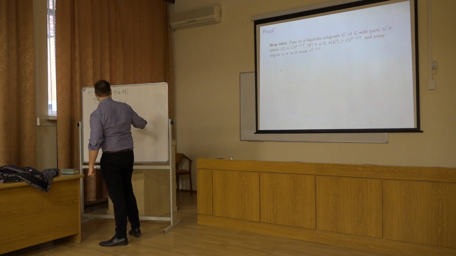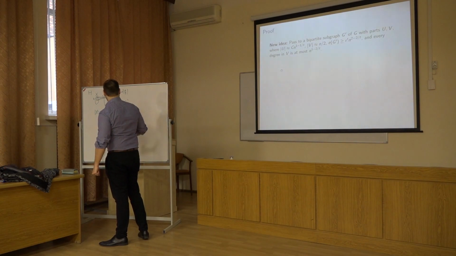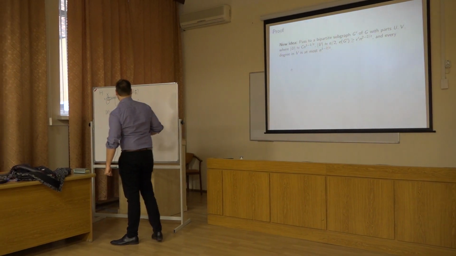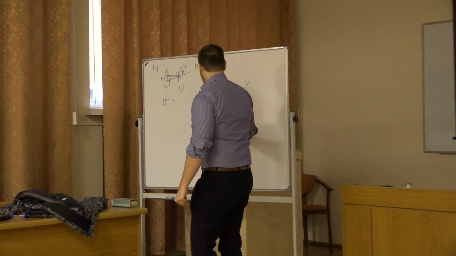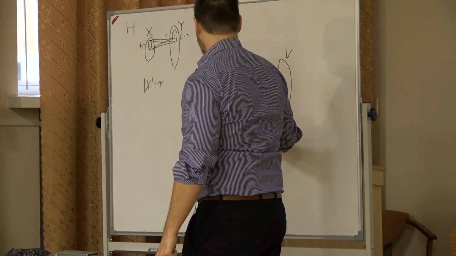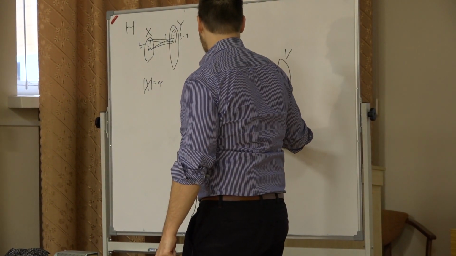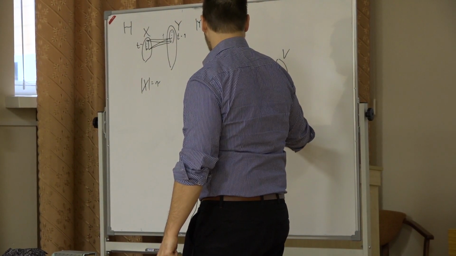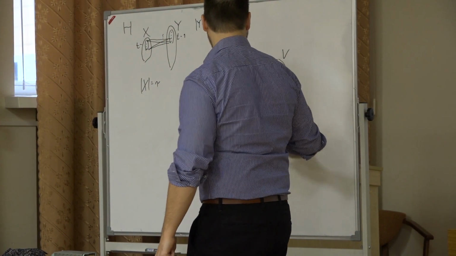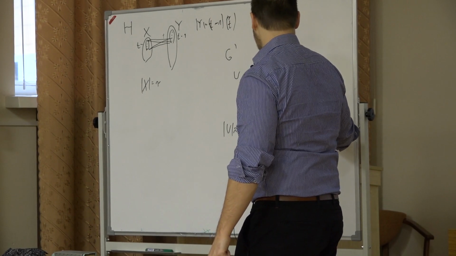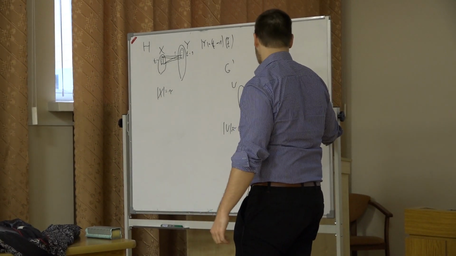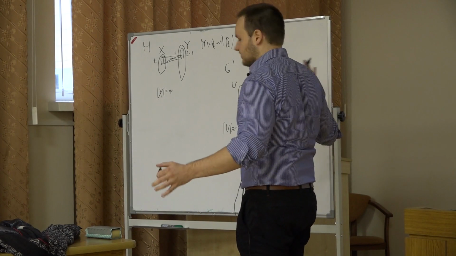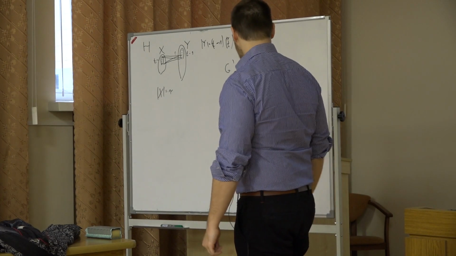It will have two vertex classes, U and V, such that the size of U is roughly some large constant times n to the 1 minus 1 over t, and V is going to have size some constant times n, so let's say n over 2, where this 1 over 2 is not important.